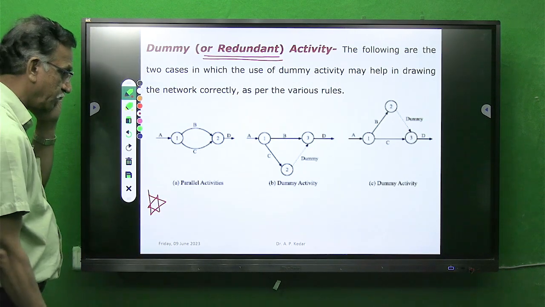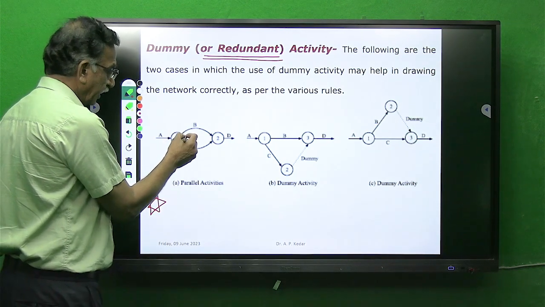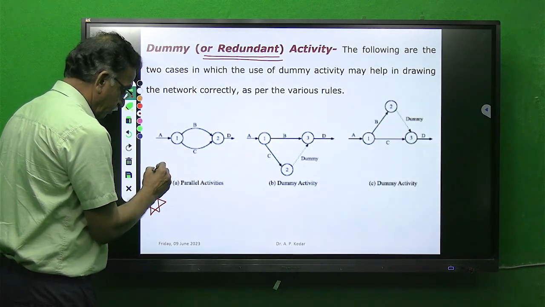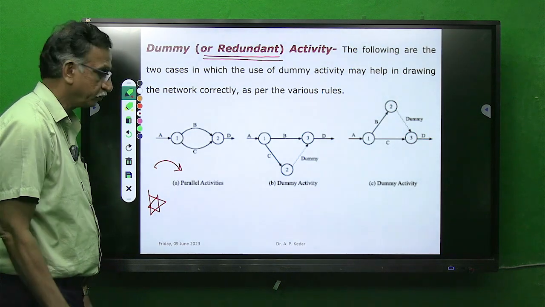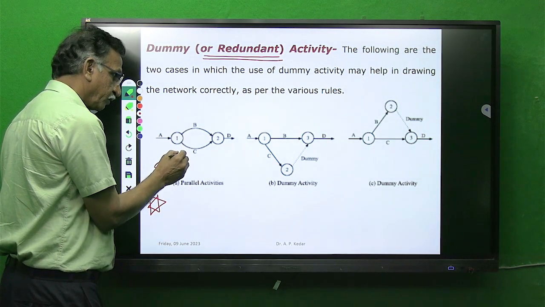See, this is one way I have shown that you are not supposed to draw an arrow by curve. Here he has drawn the arrow by curve. This is wrong.